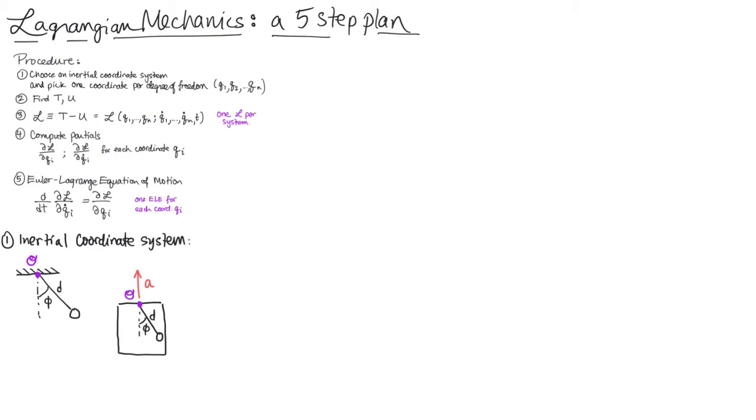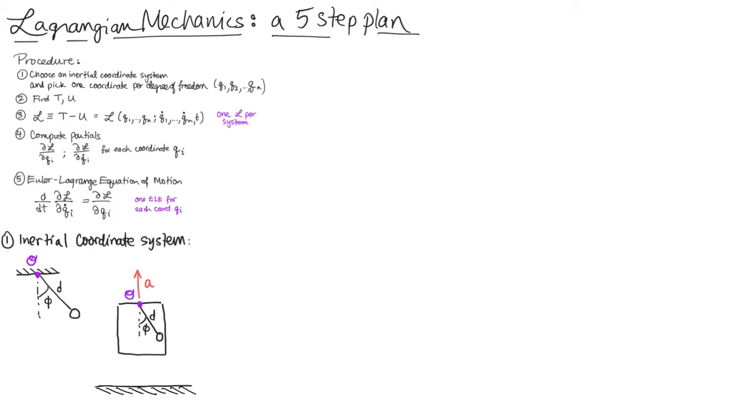The problem is that if you write the x and y coordinates of this bob relative to that point of attachment, that is a non-inertial coordinate system. So what you want to do instead is choose an inertial frame, perhaps the ground or the earth, and put your origin there.